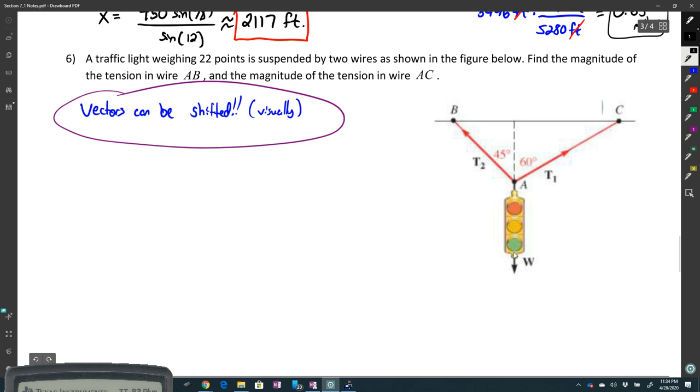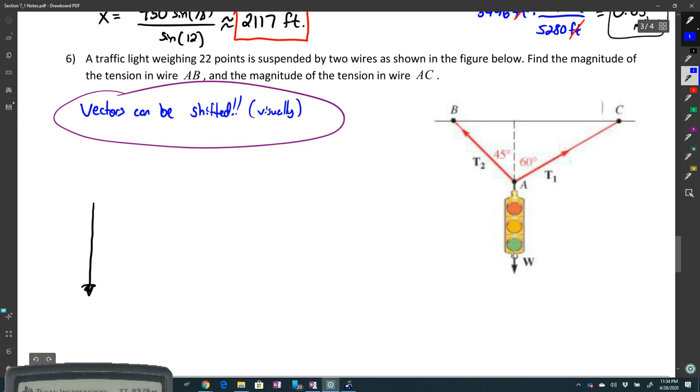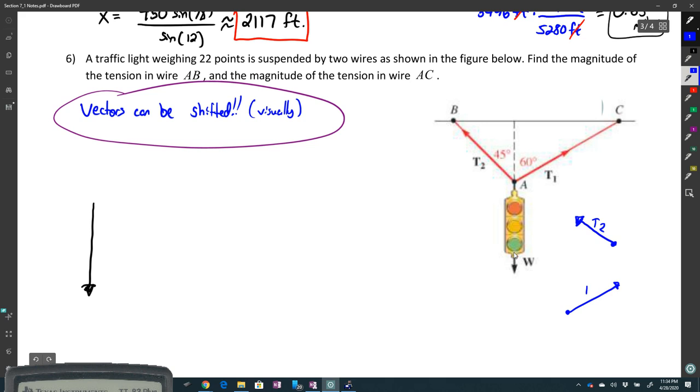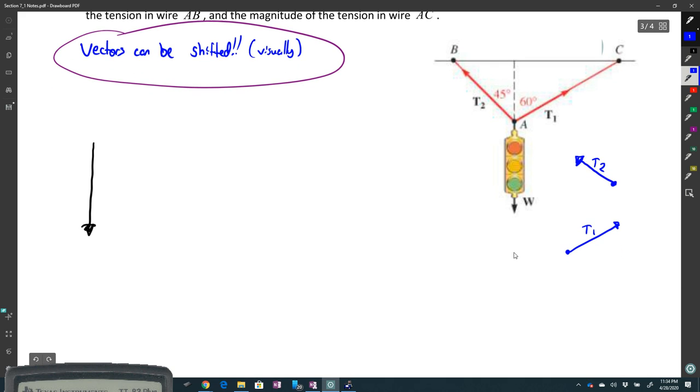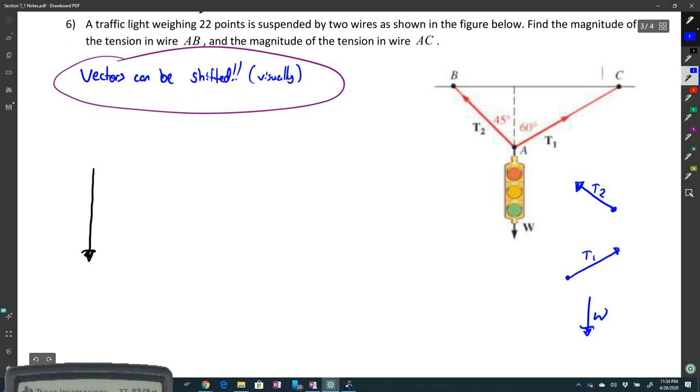So what we can do is I can just rewrite the forces. So there's three forces here. There's T2. I'm going to kind of separate them and make them a little so you can see them away from each other. There's T1, and there's W. I want to arrange these so that they form one triangle where I know all the angles.